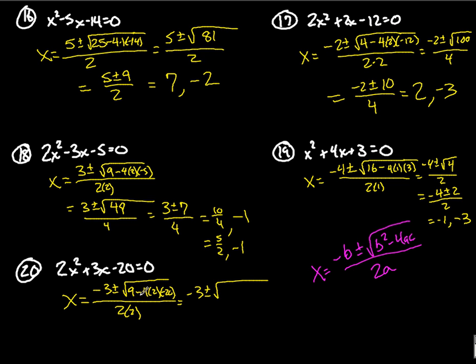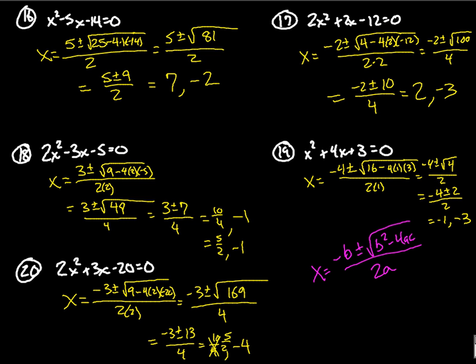I want to do 9 plus 160. So I'm going to have 169 on the inside and now 4 on the bottom. So negative 3 plus or minus 13 all over 4. If I add, that means I will have 10 over 4 again. And if I subtract, I will have a negative 4. That 10 over 4 should probably reduce to 5 over 2.